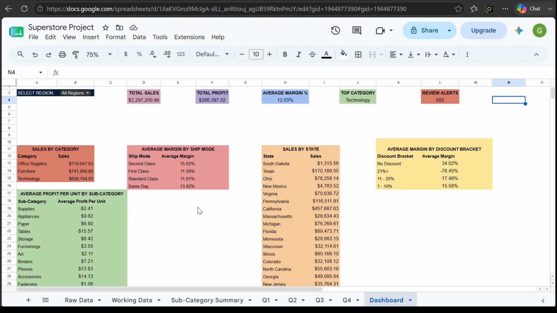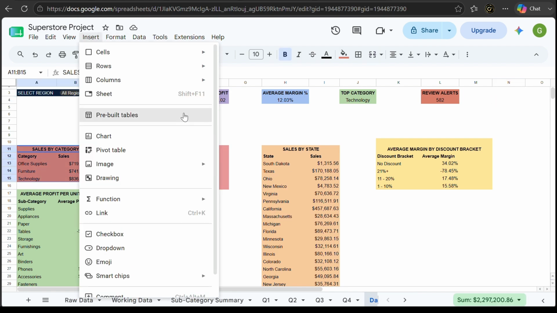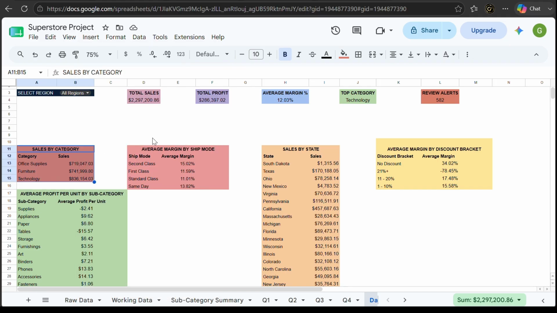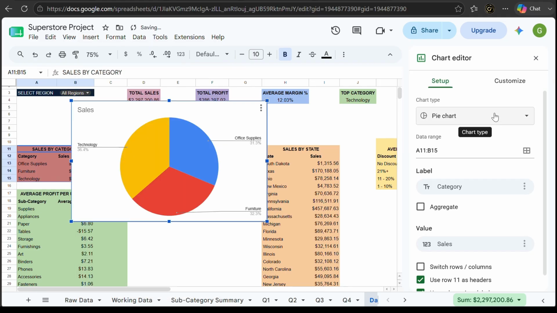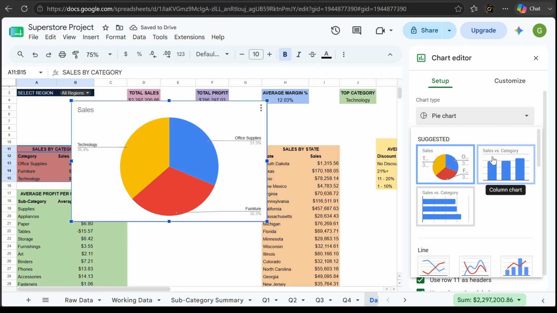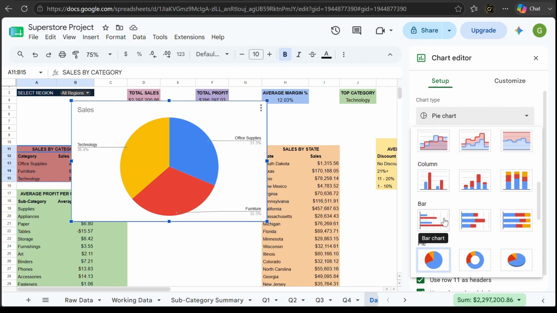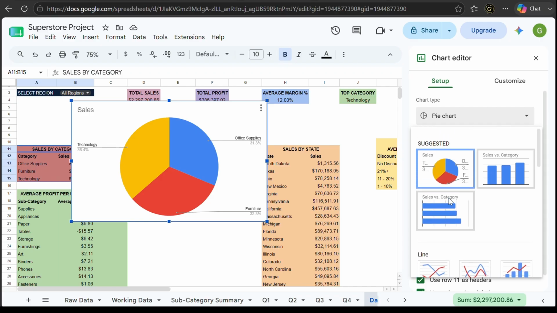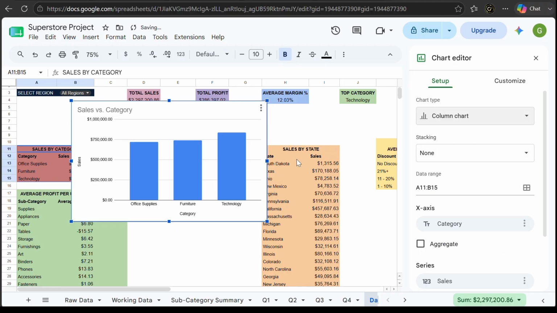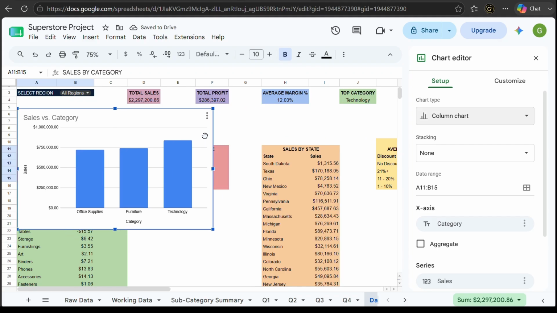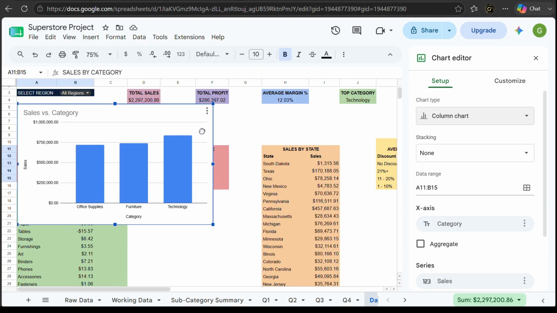To do the first one for sales by category, I'm just going to highlight all of this, go to insert, and then find charts. I should not be looking at pie chart. I want to look at bar charts, or let me see if there's any other thing I'd like here. I think I'll just use this column chart here instead, because we can always try to do little edits there.